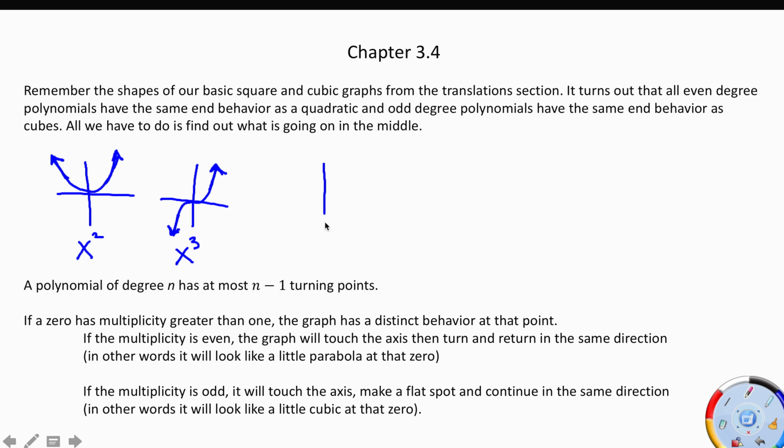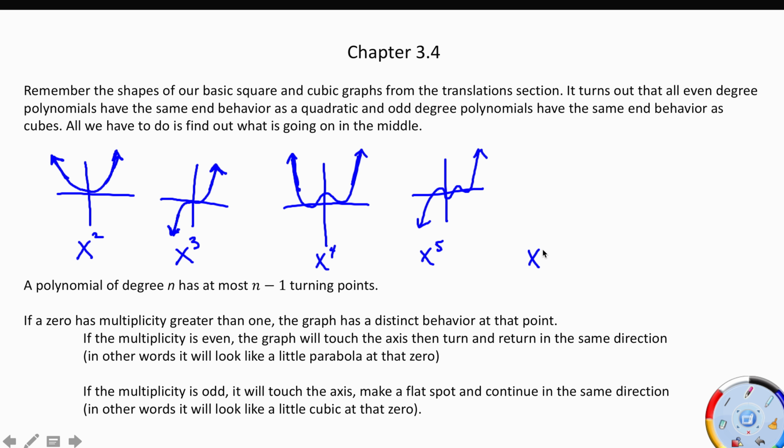Okay, so in other words, a fourth degree polynomial will look something like this. Notice the basic end behavior is like a quadratic. A fifth degree polynomial will look something like this.